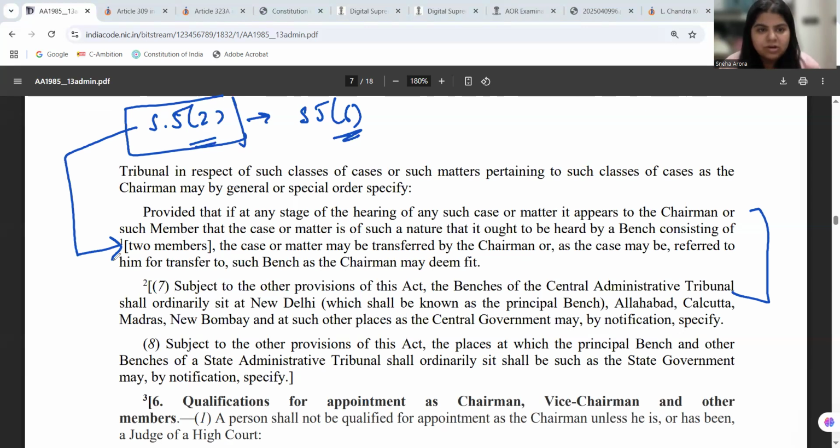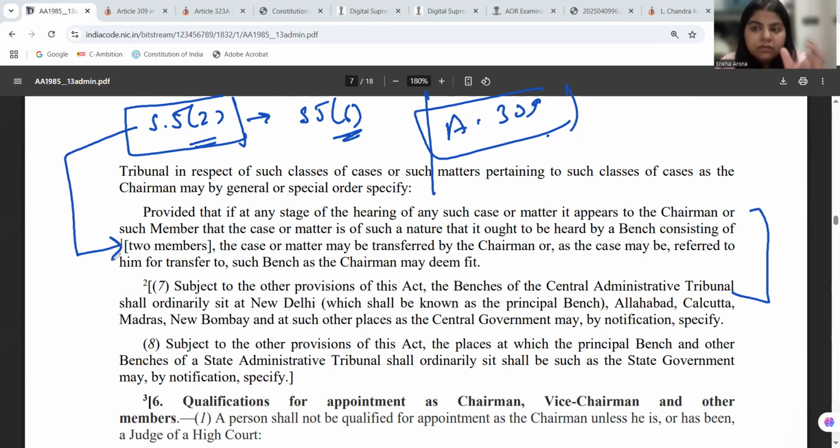All the matters which are related to Article 309, which are related to appointment, recruitment, or conditions of service of public service employees, shall be referred in accordance with the harmonious construction of Section 5 clause 2 and the proviso of Section 5 clause 6.